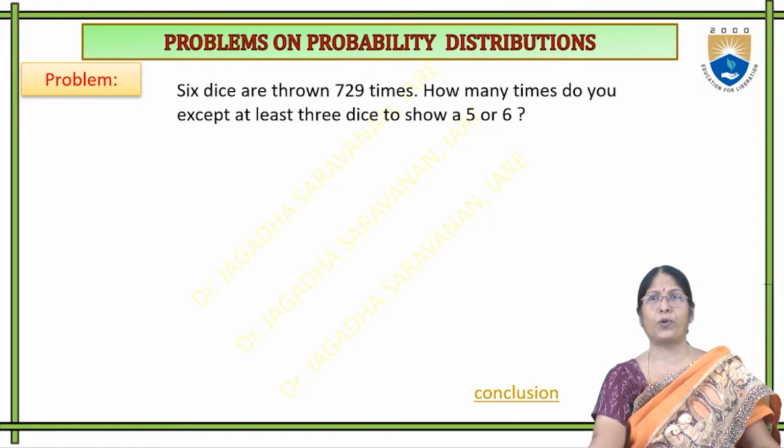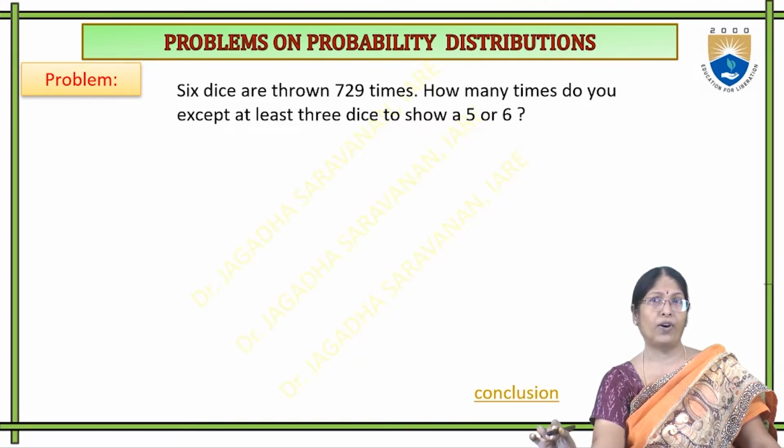The first problem we are going to discuss: 6 dice are thrown 729 times. How many times do you expect at least 3 dice to show a 5 or 6? First, we have to read the question carefully. How many dice are given?